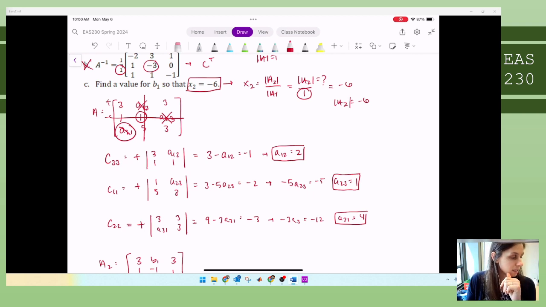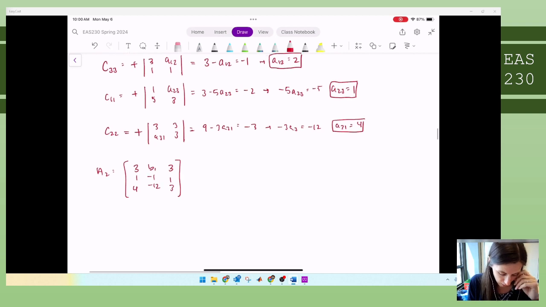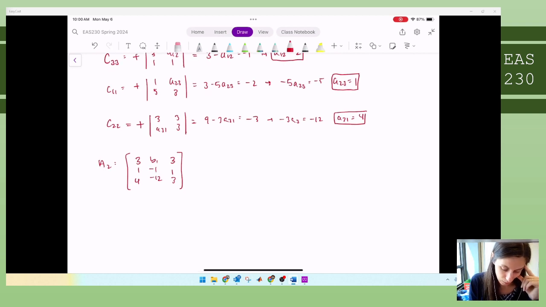You can find your determinant using any method that you would like. It does not matter. I will do cofactor expansion on row 1, just because then b1 only shows up once.